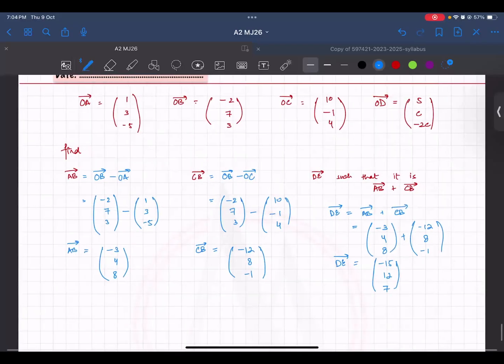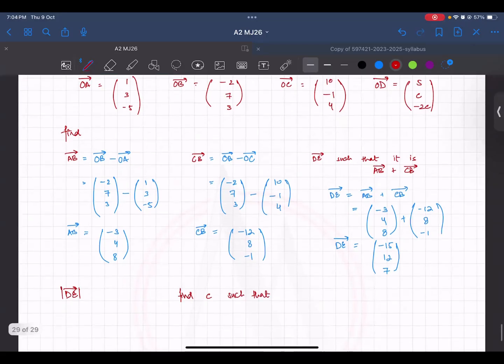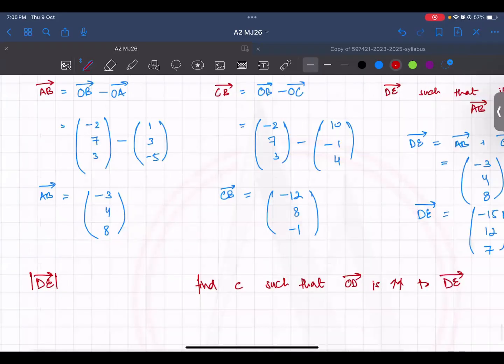Easy. Just adding, subtracting things. They can ask you to find the magnitude of DE. Let's suppose they can ask you to find the value of C such that OD is parallel to DE. So now DE magnitude.